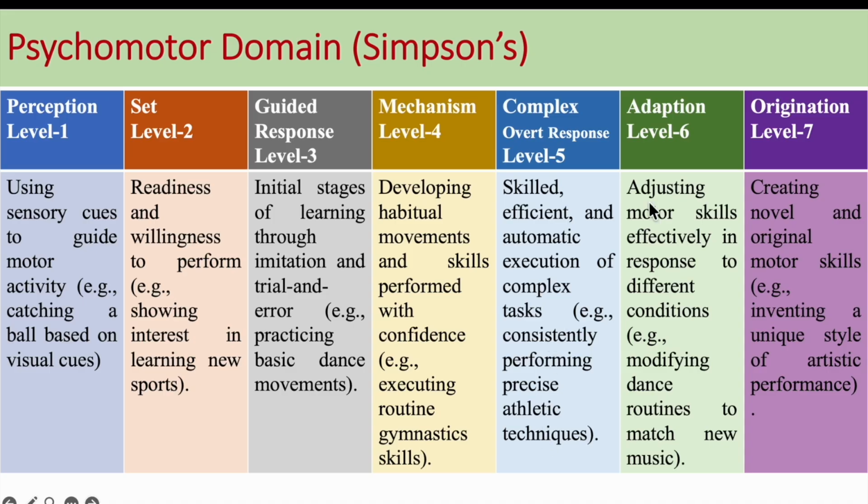Level 6 means adjusting motor skills effectively in response to different conditions. For example, modifying dance routines to match new music. Level 7 is origination, meaning creating novel and original motor skills. For example, inventing a unique style of artistic performance.